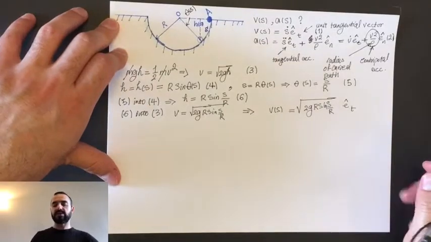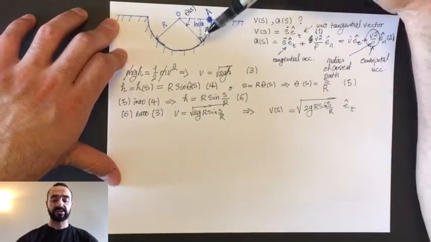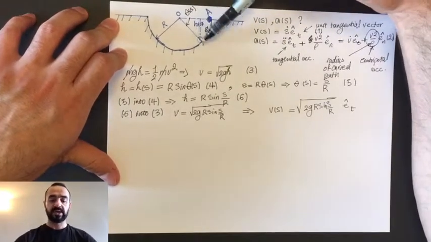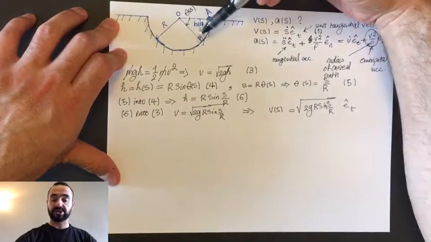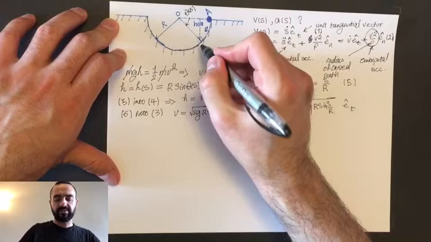Okay. There's obviously no velocity along the perpendicular normal direction. There is no motion in the normal direction because the motion in the normal direction is constrained by this path. So you only have motion along this direction.